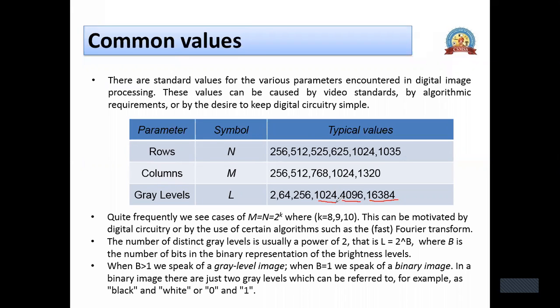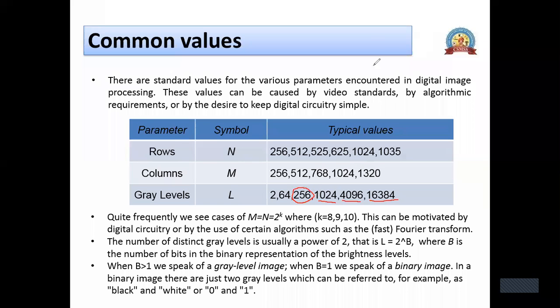At that time you use these extraordinary values. This will actually require a lot of memory to store this type of images. So that is what is difficult with these particular values. They are common values, but they are not very much used. The one very much used is only this 256.